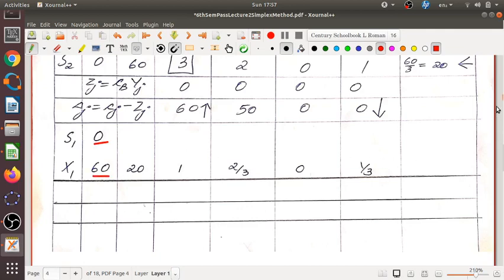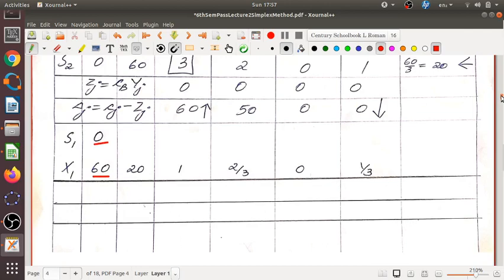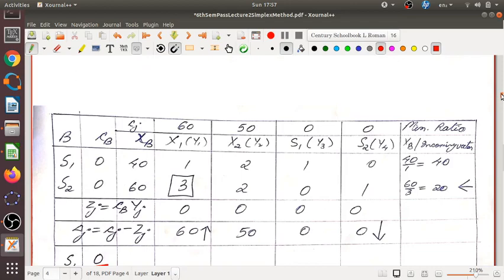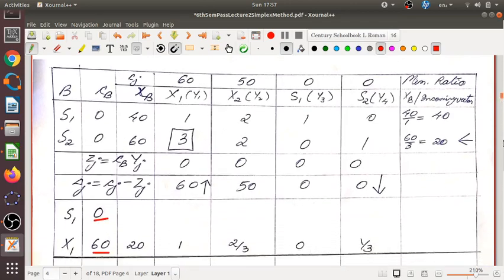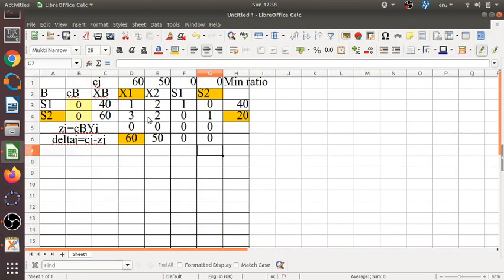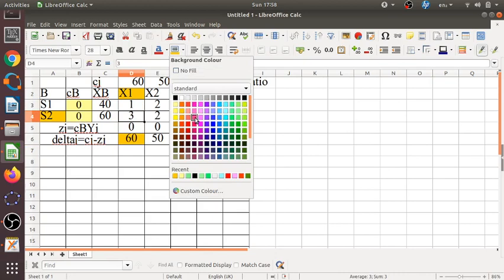As I told you in the earlier lecture, the element at the intersection of the incoming and outgoing arrows is called the key element. In this Excel sheet, the row of s2 and the column of x1 intersect at 3, so 3 is the key element.